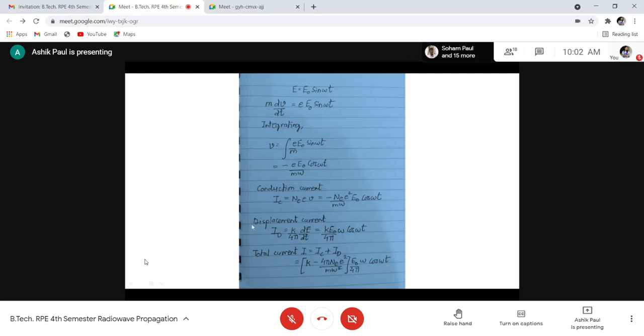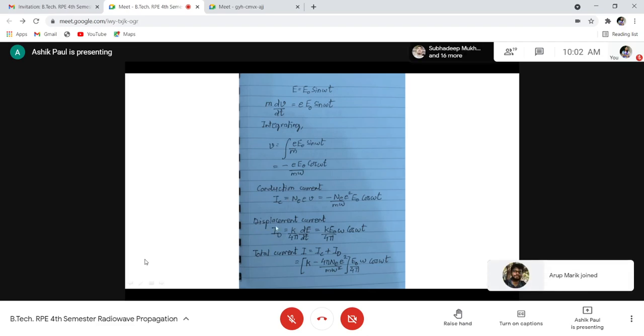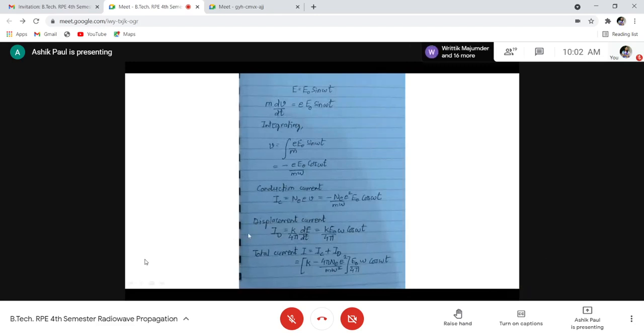Okay. And the displacement current, if I refer to that as ID, we know that a displacement current essentially arises due to this fluctuating electric field. So that could be represented by K upon 4 pi dE dt. This K is the dielectric constant of the medium.